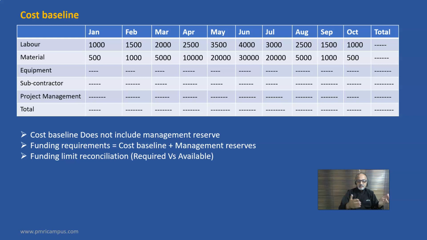Then I go back to finance and ask for money. The first question asked is, have you budgeted for it? If you have budget, you do it. Otherwise, it is a difficult exercise. So while budgeting the project, we have to think through all these aspects. Otherwise, as a project manager, you can be in trouble.